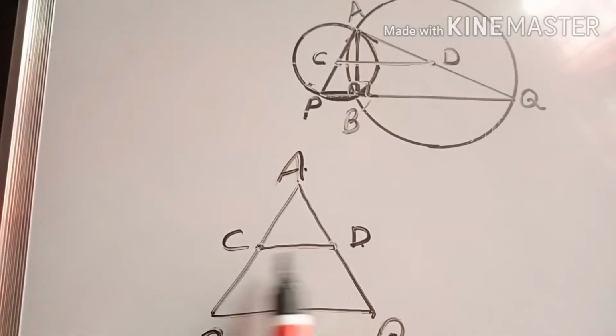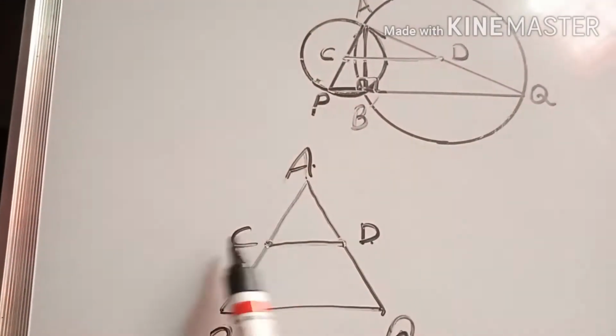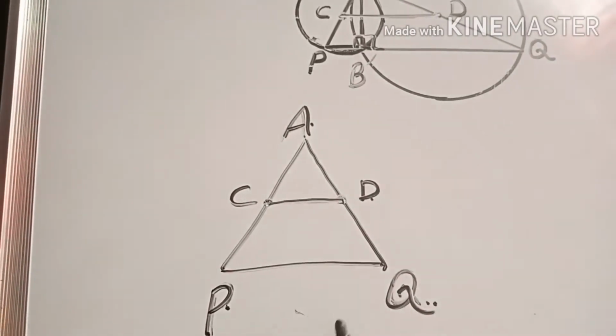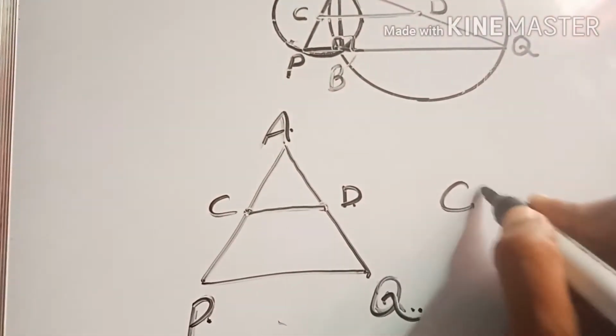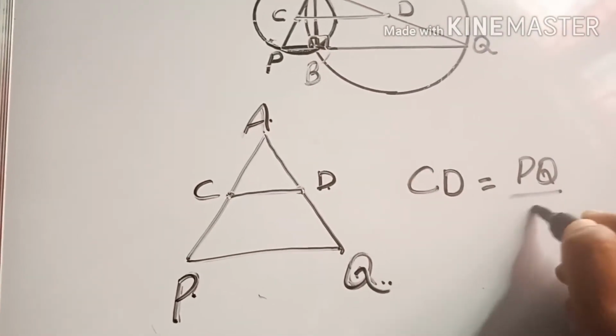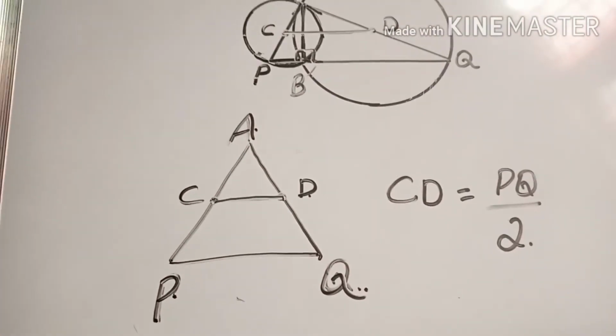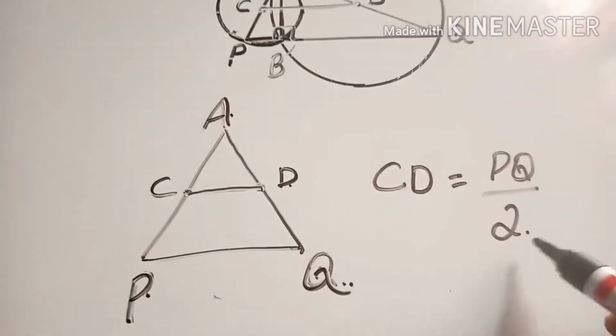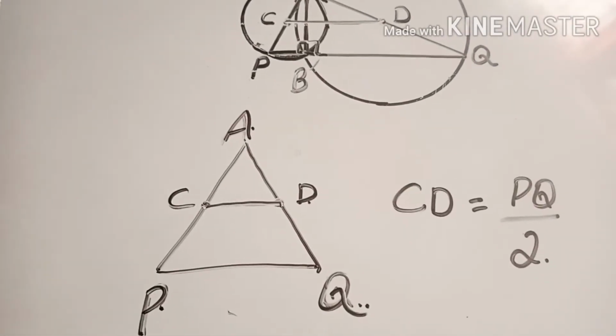So CD is a line joining the midpoints of these two sides, that means this CD will be parallel to PQ, and CD equals PQ by 2, PQ's half. Whatever be the measurement of PQ, that length half will be the length of CD.